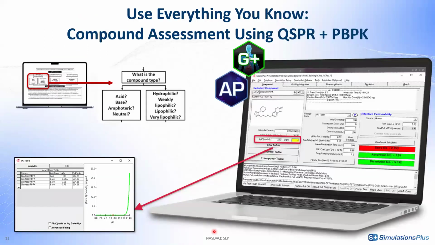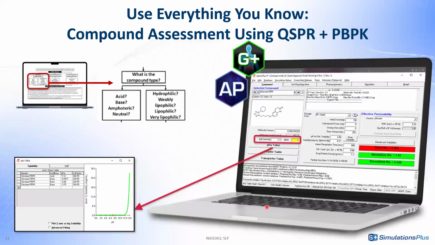Everything that you need to do a quantitative structure property relationship, or QSPR, assessment can be found in GastroPlus following the import of a structure. Starting on the left-hand side of the flow diagram, the compound type can be accessed via the PK table, and the lipophilicity is visible on the compound tab.